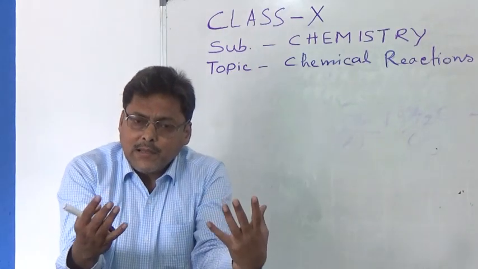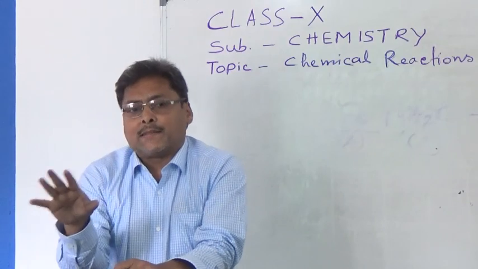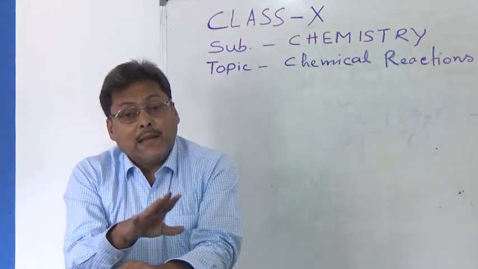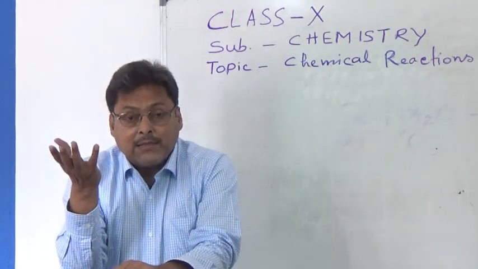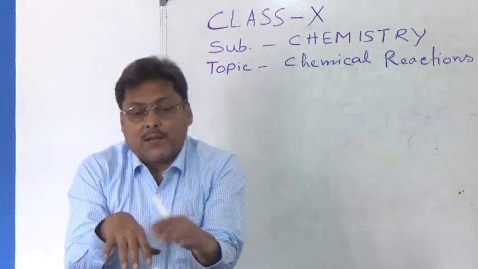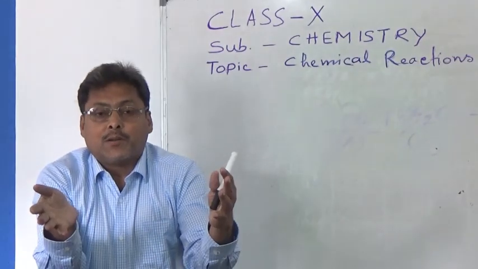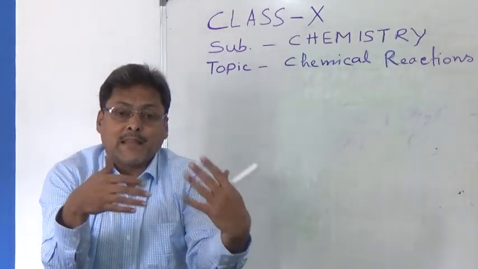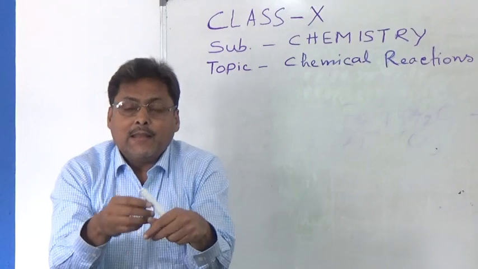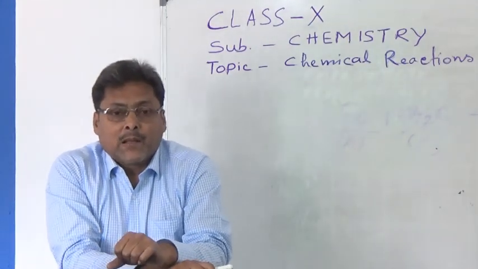So what is chemical change? Chemical change is very easy, that's the opposite of physical change. Chemical change is that kind of change where the chemical composition of the substances is changed. Some new substance with new properties is created. Let's take an example from our daily life.